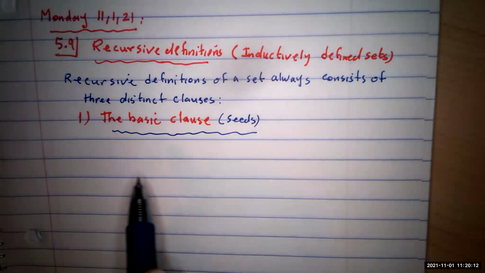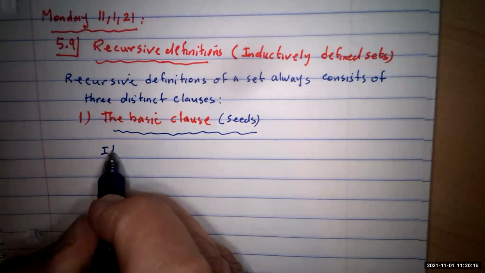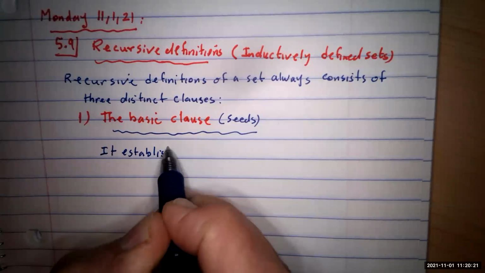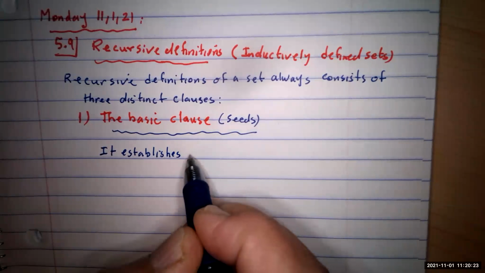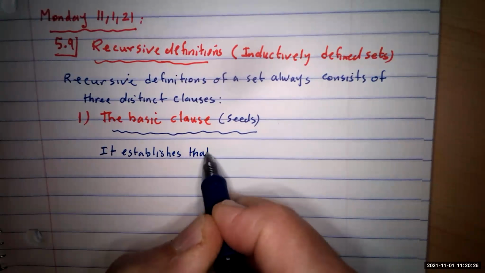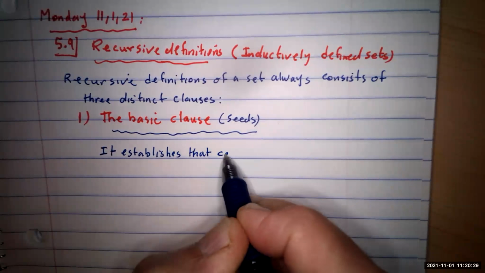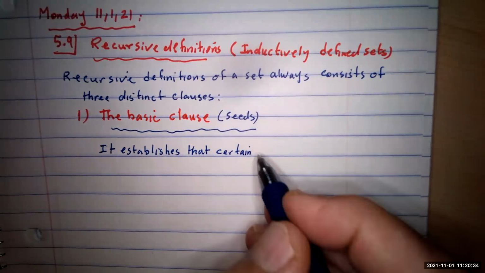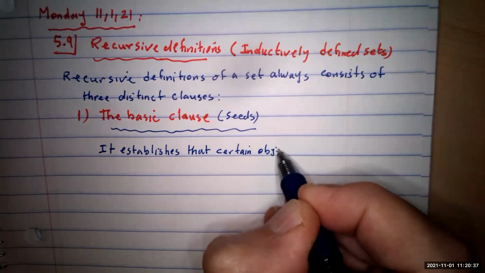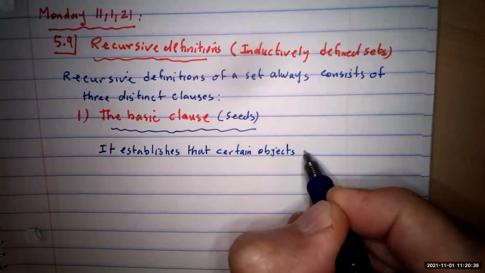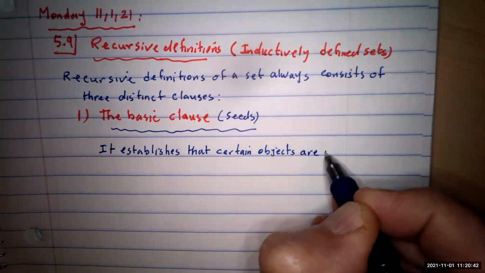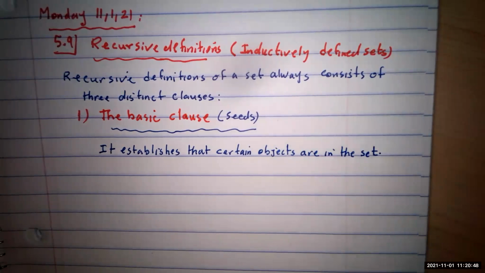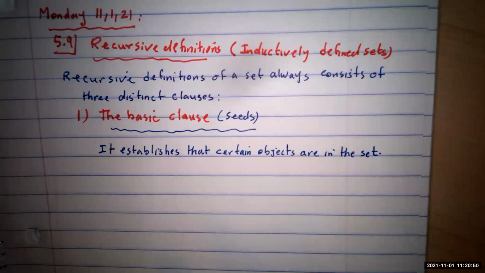So what is this first part going to do? It establishes that certain objects are in the set. Remember, you want to make a set. If you want to make a set, you need something to start with.